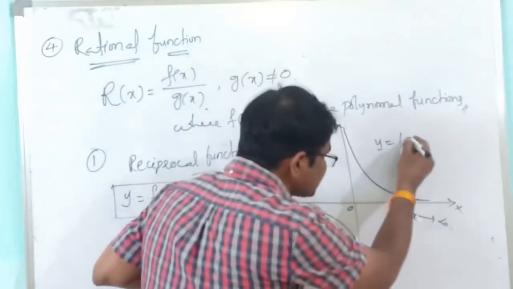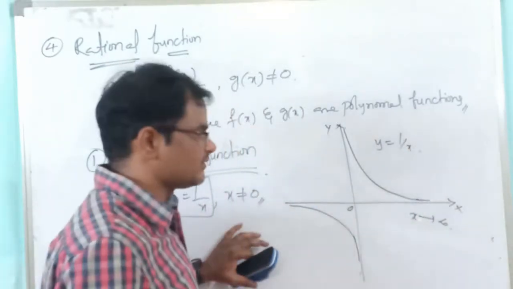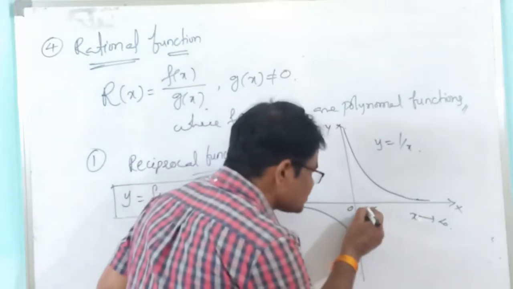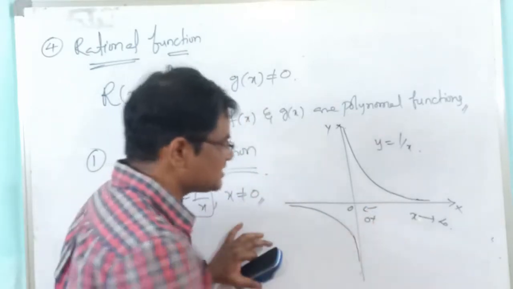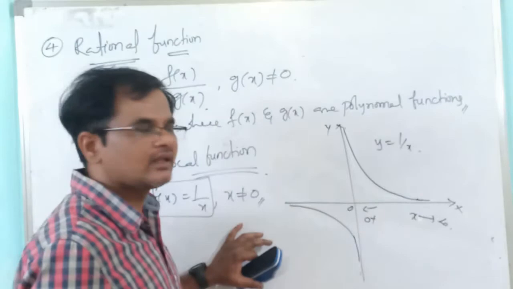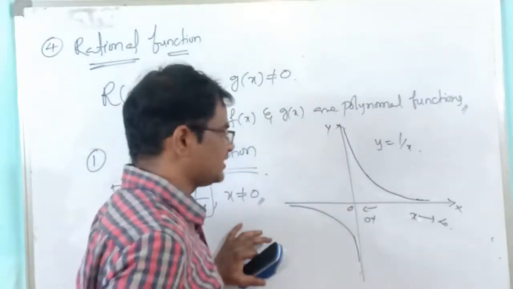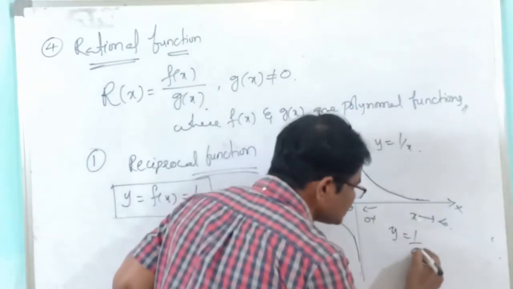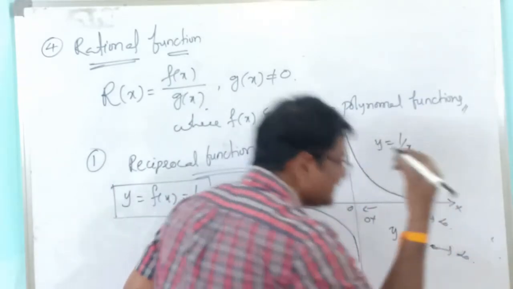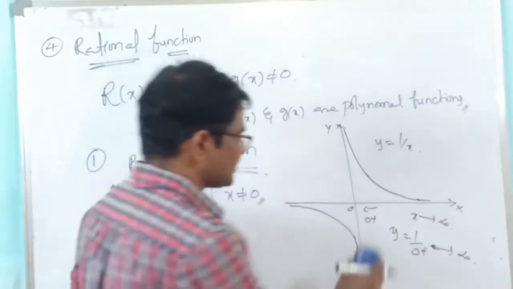Whenever x approaches 0 plus, means from the right side, f of x approaches plus infinity. Means y equal to 1 by 0 plus approaches infinity.